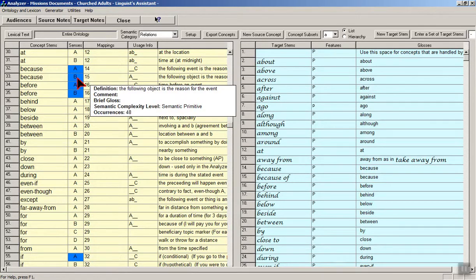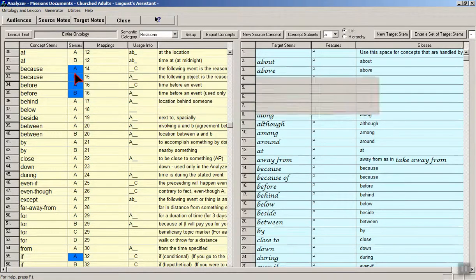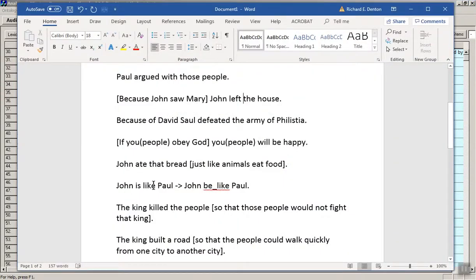So that modifies an event. There's another sense of because that modifies a noun. So we have these two senses of because. We can say, because of David, Saul defeated the army of Philistia.